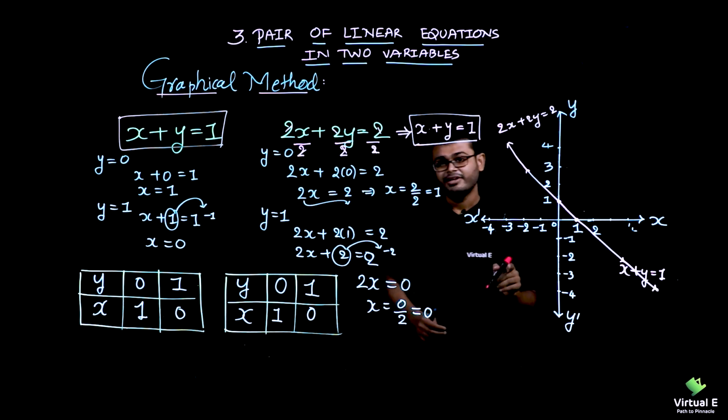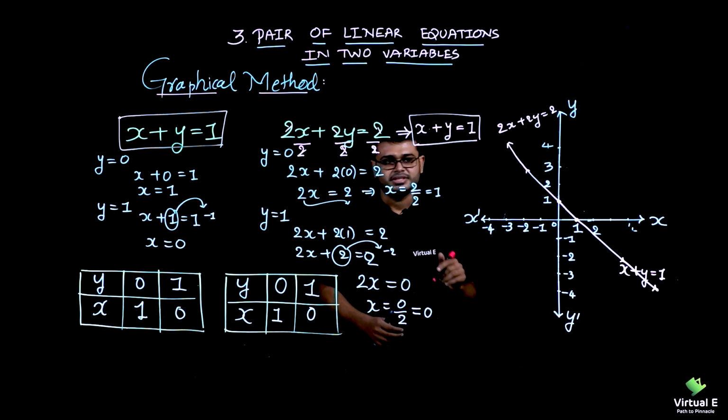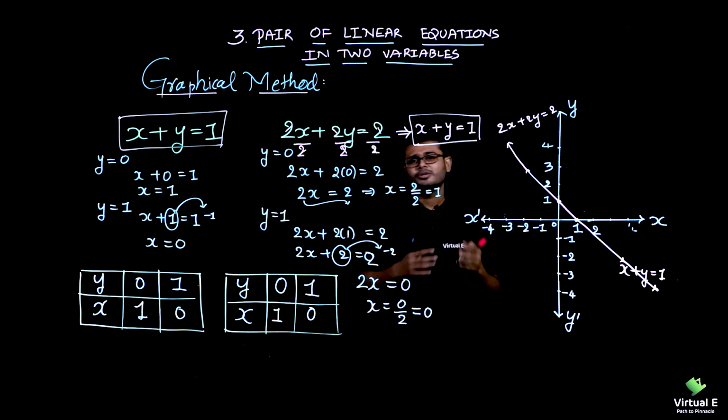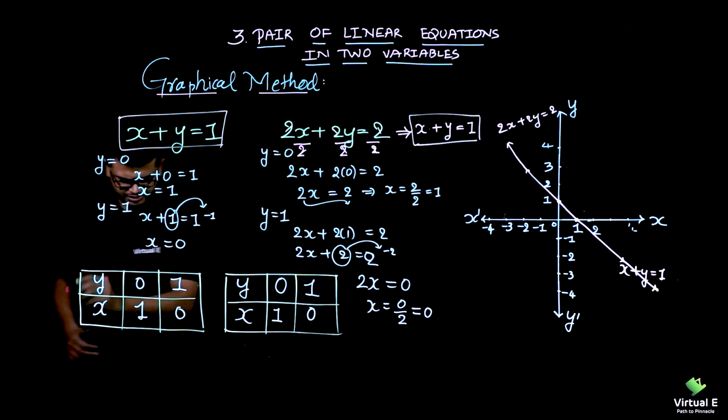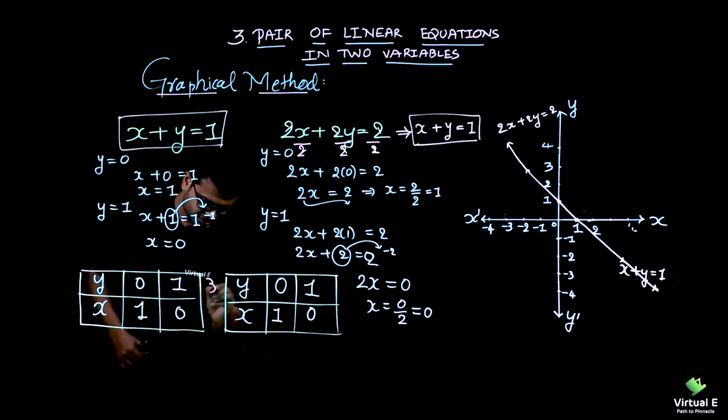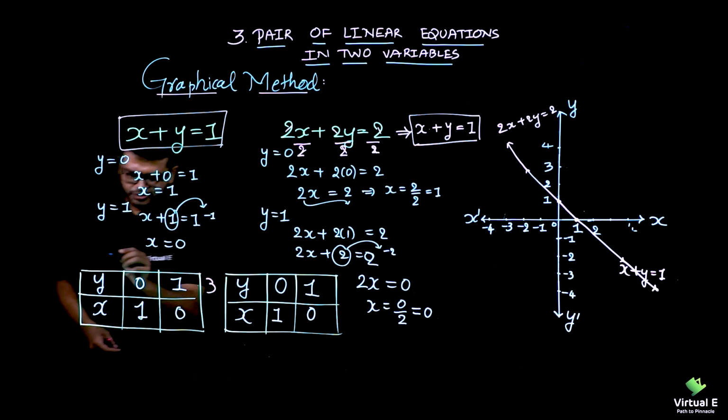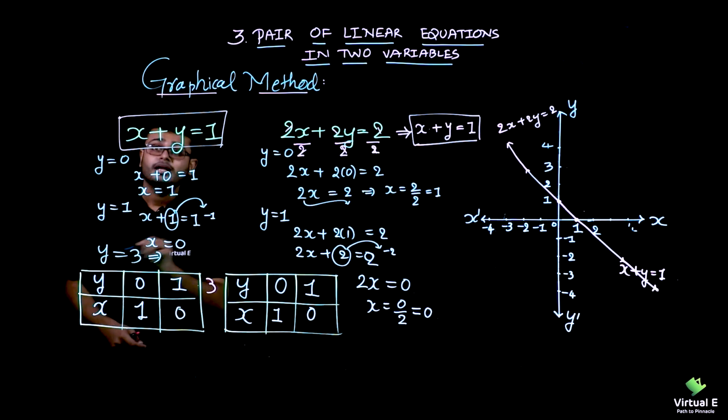Here we are having infinitely many solutions. You can have as many solutions as you like. Let me just take one more number. If you substitute 3 over here, let's get the value of x. So y is equal to 3, and x plus 3 is equal to 1.